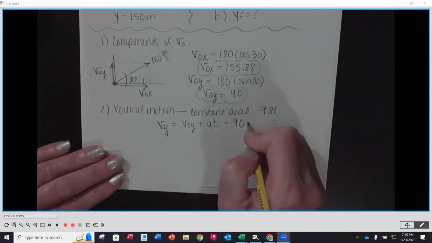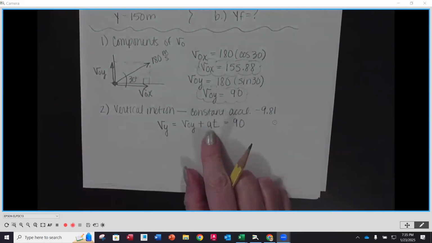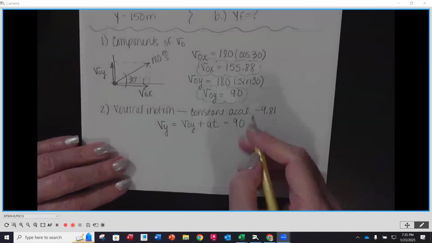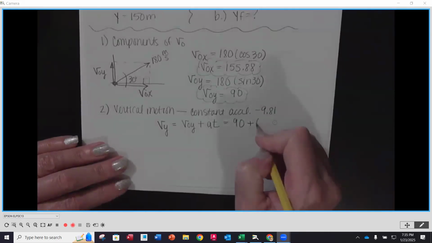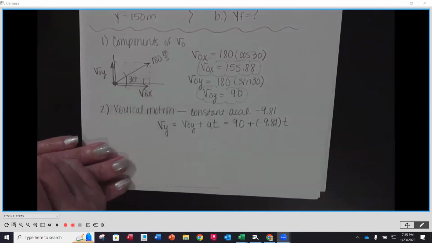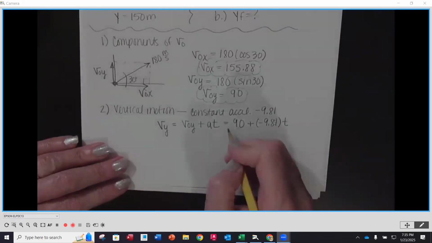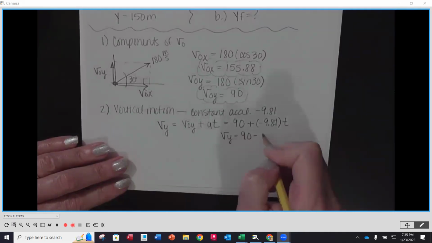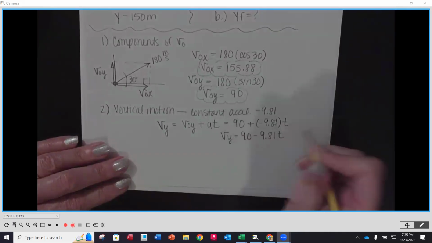And then I'm going to have plus AT. Now, we know that the acceleration is a negative 9.81. So don't forget, you're going to do plus negative 9.81 times t. So that means I can say that Vy is going to be equal to 90 minus 9.81 t.